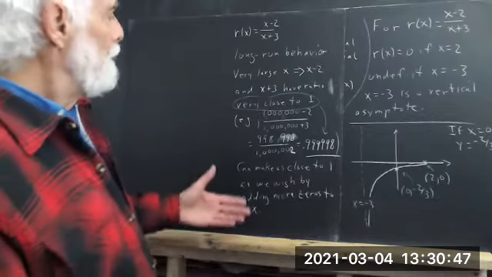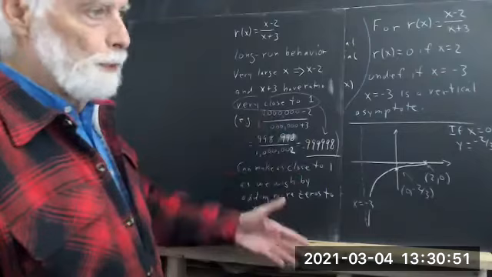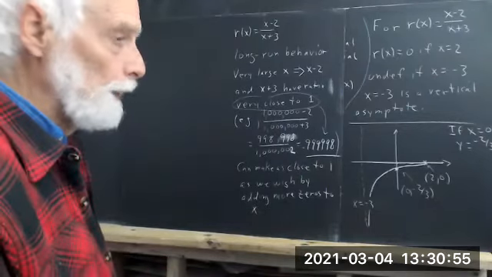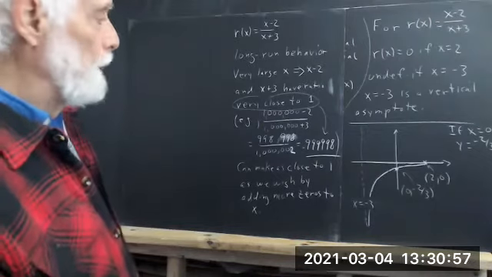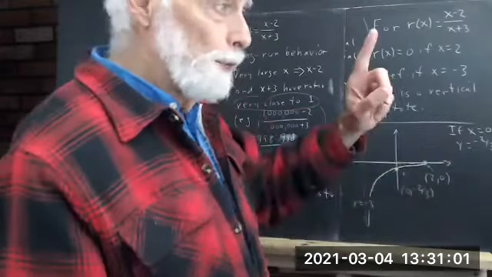And that means if we make x big enough, we can get this as close to 1 as we wish. Well, that tells us what happens for long run. At least as we go to the right, the graph has to approach 1.